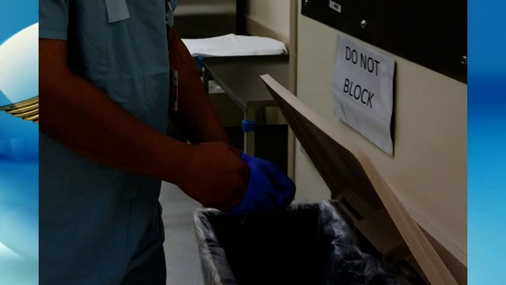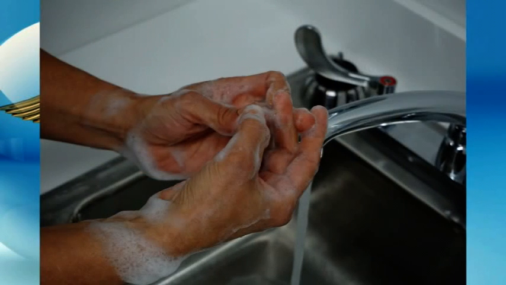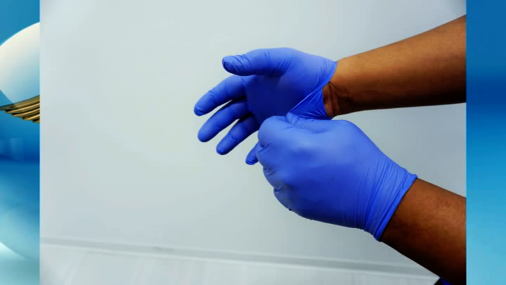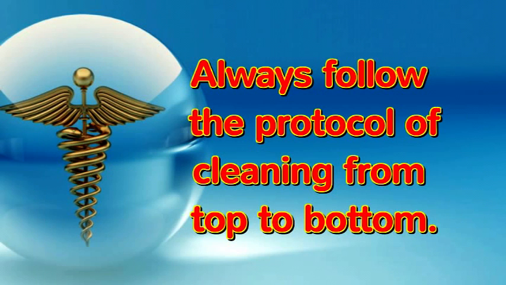After finishing your cleaning of the scrub sink area, perform hand hygiene, and then it is time for you to return to the main area of the OR and begin dusting and disinfection cleaning of high-reach areas within the room. Again, the protocol of cleaning from top to bottom must be carefully followed. First, dust and disinfect high-reach vertical surfaces such as walls.